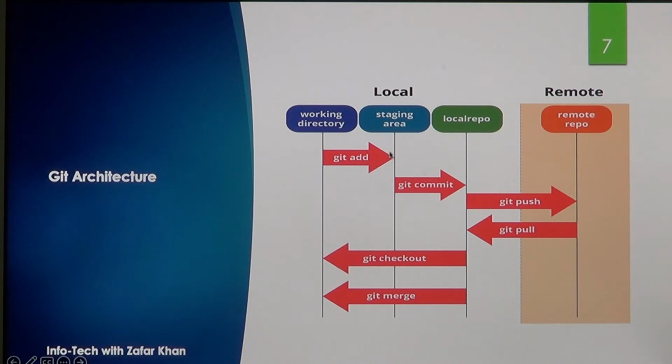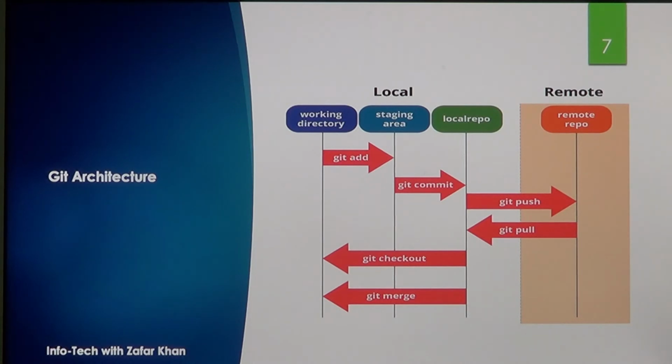Okay, once it is placed in the staging area, then you can commit the same file which you have updated, modified or created to the local repository. So after making all changes, you commit those files to the local repository. The local repository holds your actual committed files.